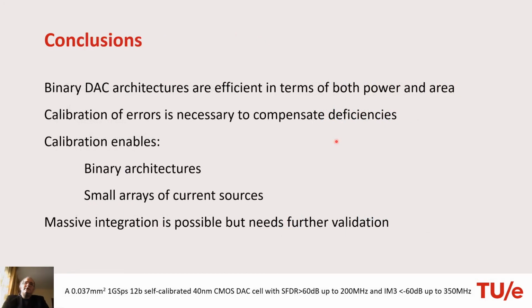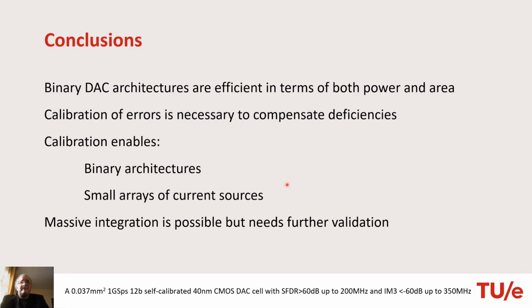So in conclusions, let me briefly repeat that binary DAC architectures are efficient in terms of both power and area. Then calibration of errors, however, is necessary to compensate for their deficiencies, and calibration enables binary architectures with our algorithm for binary current calibration, and it also allows small current source arrays, which reduce the size of the DAC cell enormously.